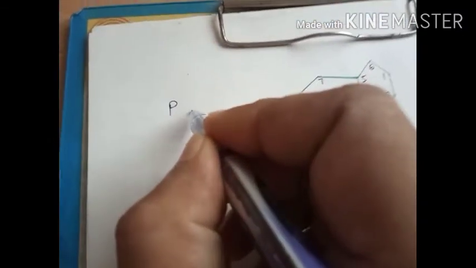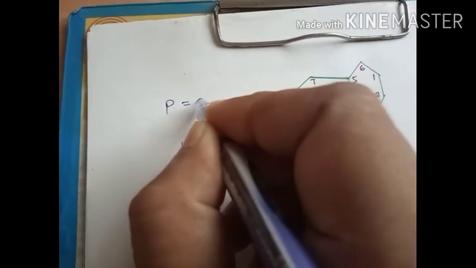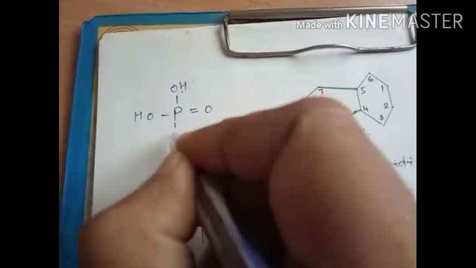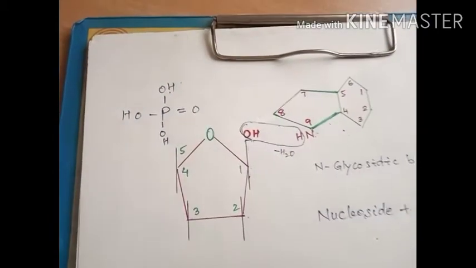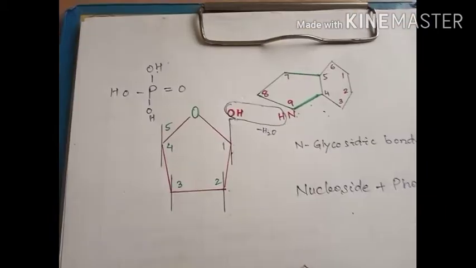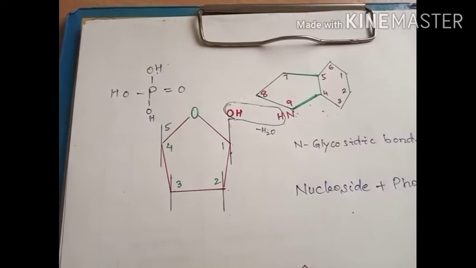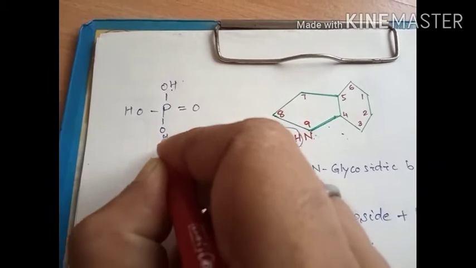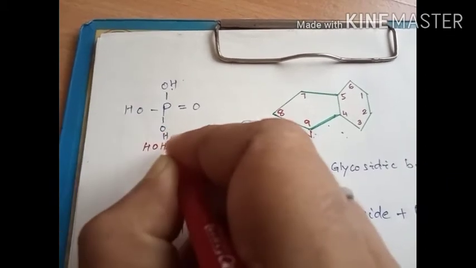So we may write here the phosphate, and here at position 5 prime the functional group was there, CH2OH.